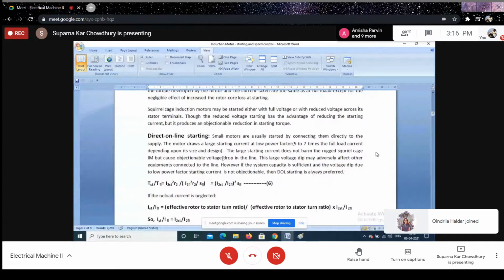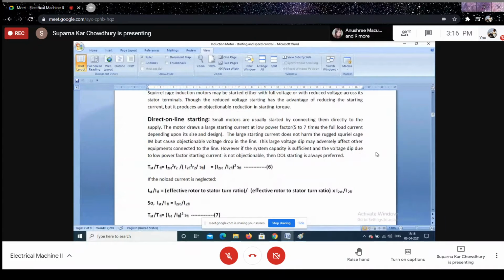Now, we can have direct online starting. This is a very common method. Small motors, even medium or high voltage motors, can be connected direct online, depending on other loads connected to the system. Small motors are always started direct online. The motor draws a large starting current at low power factor.